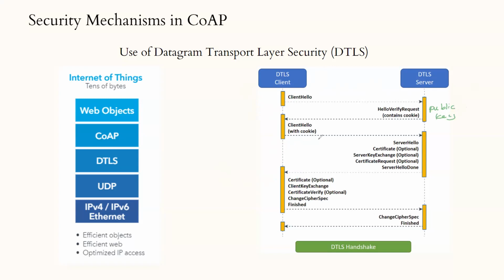And the client afterwards will send a server hello message that will include additional details about the client. After that, the server will check the additional data and confirm the identity of the client, and will send the server hello done message.